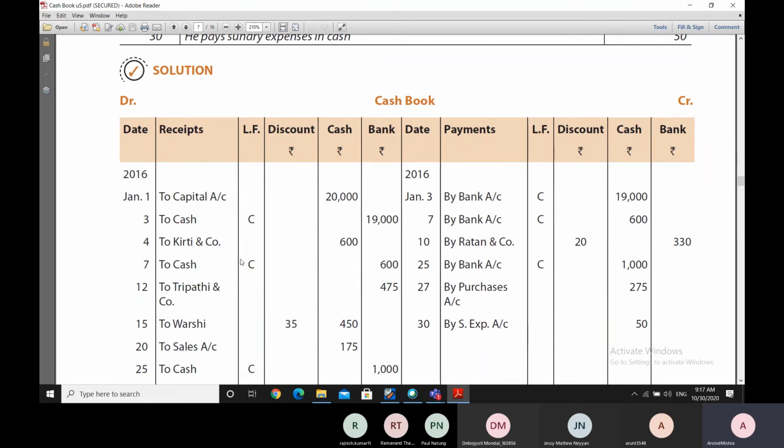So ultimately, it is coming from the cash, and therefore the word 'to cash' is written out here. So this 600 rupees is written in the bank column because it is paid into the bank. It is received in the bank account. And this January 7 contra entry is a contra entry of this January 7 entry where 600 rupees is shown to have been paid out of the cash.